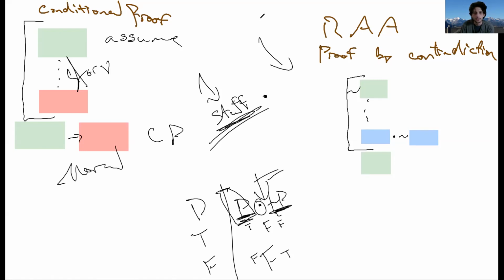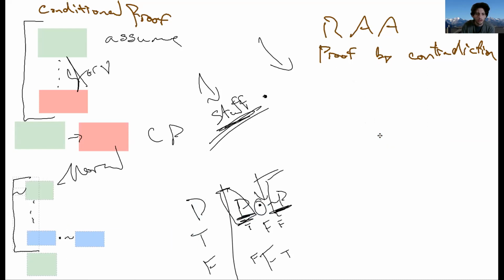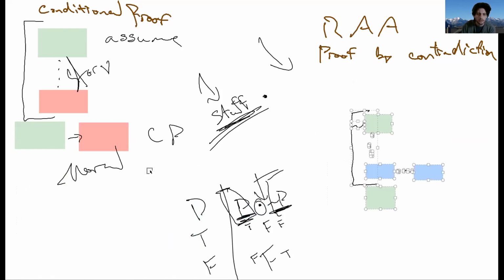Okay, so I'm going to try to keep this. Before I do that, I'm going to clean this up a little bit. Oops, not that much. Okay, so one thing, do this.